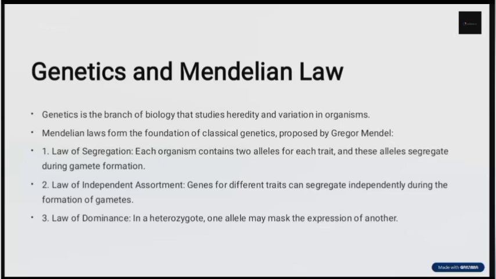Okay, no question then. Now the third law is the law of dominance. Now something else happened. Let's use an example now. You gave birth to a child. First, let's start from you.